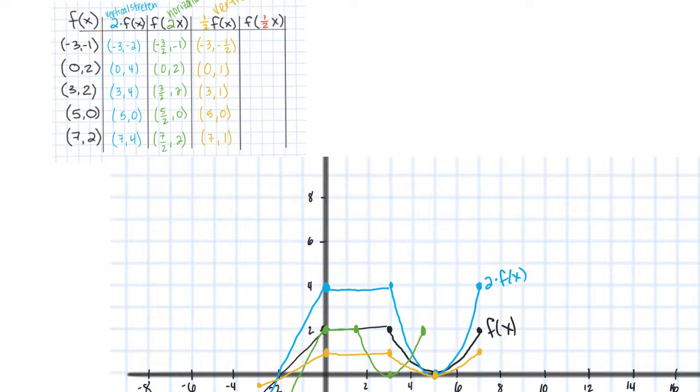The reciprocal of 1/2 is 2, so we're going to multiply each of these x-coordinates by 2. Multiplying each x-coordinate by 2 gives us these points, which we'll plot down here.